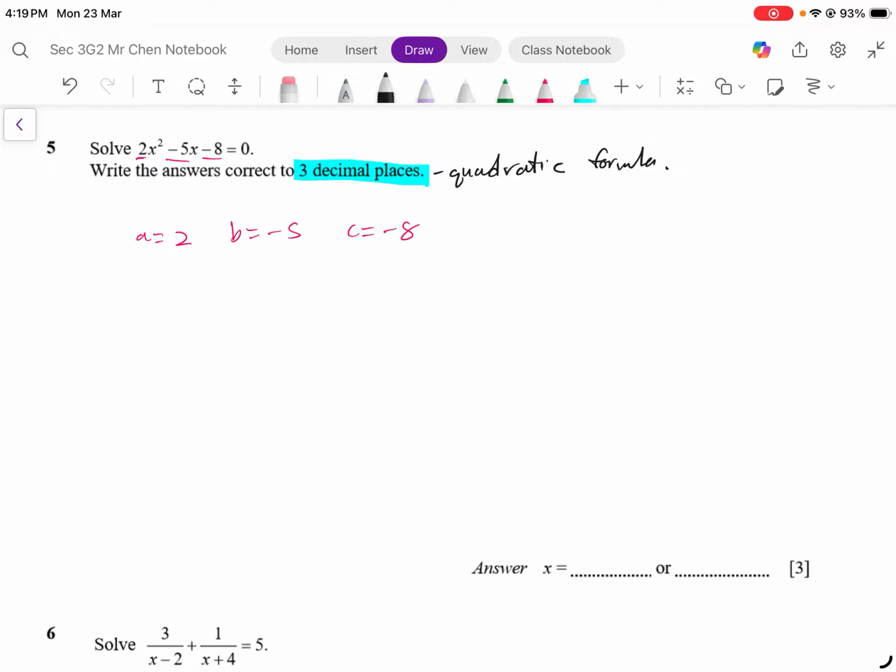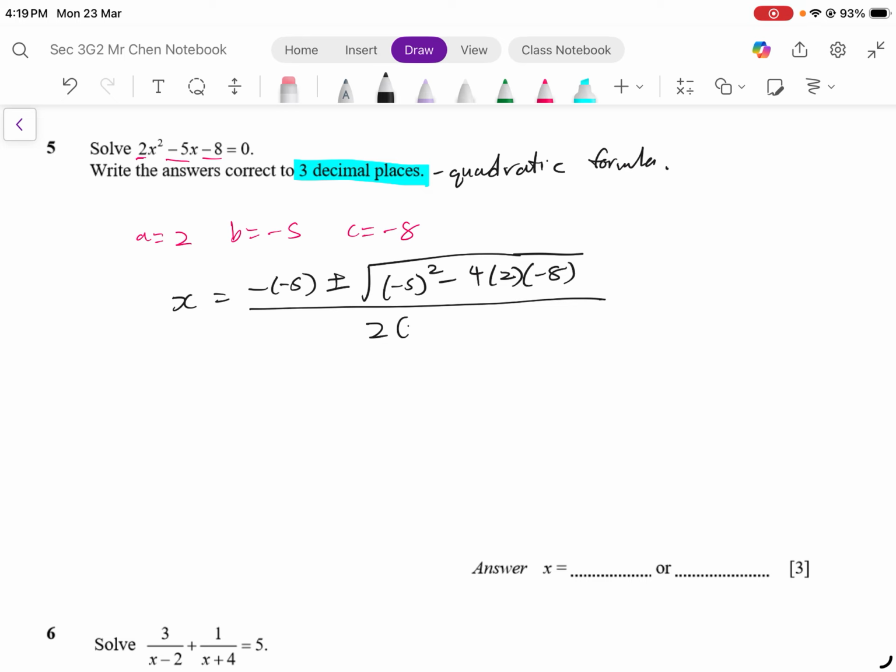Okay, so x equals to -5 plus minus square root b square minus 4ac divided by 2a, which is 2. Okay, so from here x equals to 5 plus minus square root 25 minus minus plus 4 times 2, 8, 8 times 8, 64.